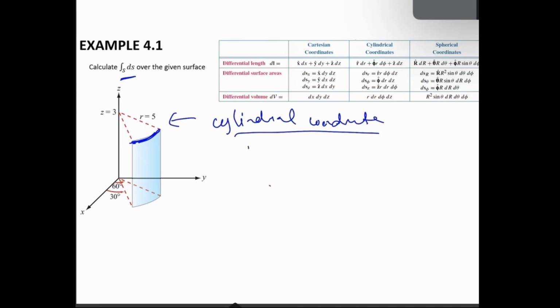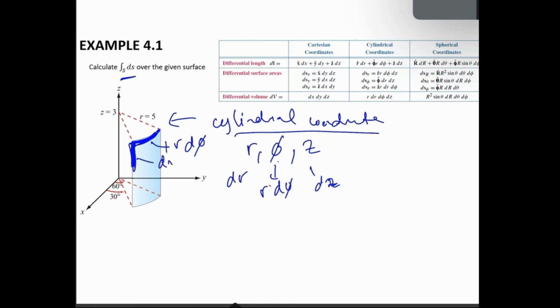For the coordinates, we have r, phi, and also z. r is dr, phi is r dφ, z is dz. So this one is r dφ. Vertical one is the z axis.